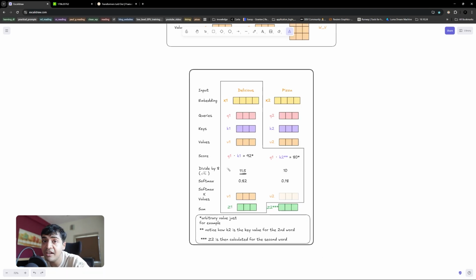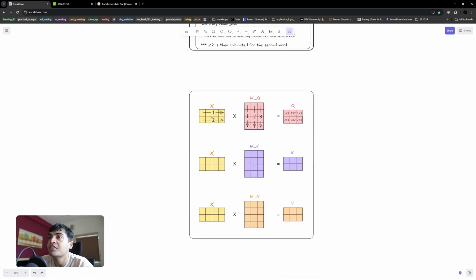Now let's do that for matrices. So what we do is concatenate. This is x1, delicious, as we represented it earlier, and this is x2, pizza. So delicious pizza. We concatenate that, multiply that by the WQ matrix, and we get the Q matrix, not the Q vector.